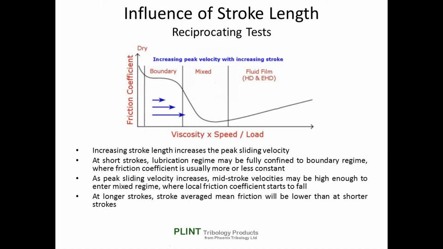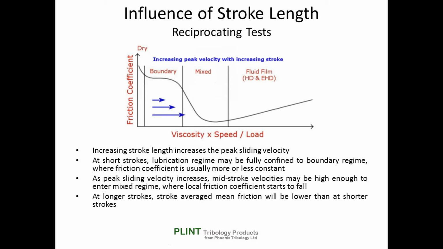In exactly the same way that real contacts, gears, rings and liners, etc., operate across lubrication regimes, the same happens with reciprocating tribometers. For a given reciprocating frequency, increasing the stroke length increases the peak sliding velocity. At short strokes, the lubrication regime may be fully confined to the boundary regime, where the friction coefficient is usually more or less constant.